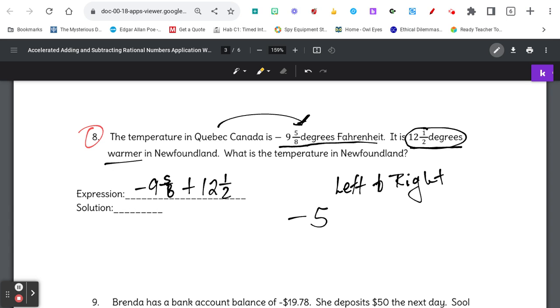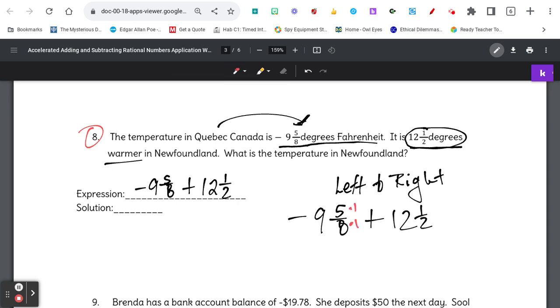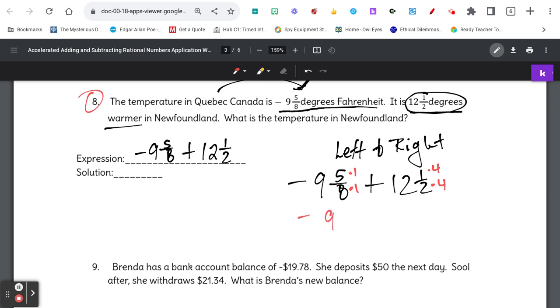Let me do the work over here. Negative 9 and 5/8 plus 12 and a half. The common denominator is 8. You can multiply this by 1, multiply this by 4. You could have just left that alone because 8 is already what you need.